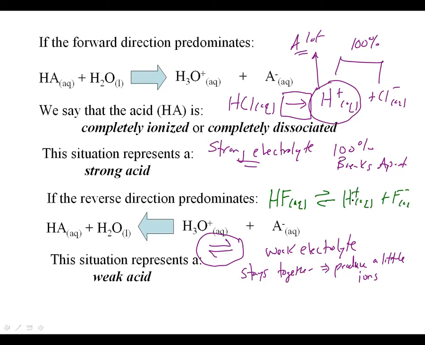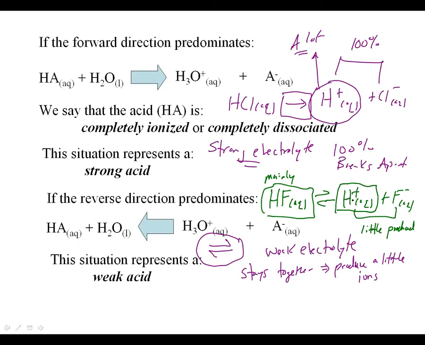But mainly in solution, you have those guys still together, though it's able to produce a little bit of the ions. It meets the definition of an acid because it's still able to produce some H plus in solution.